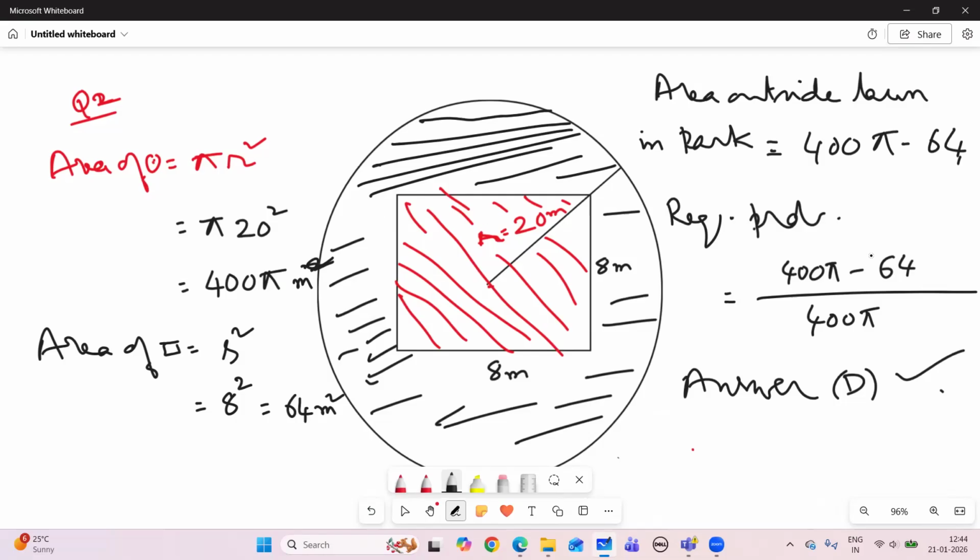So the number of favorable events becomes the area of the region where he wants to grow the plant, divided by the number of events in the sample space, which is the total area of the park, that is the area of the circle, 400 pi. Thus, the answer is D. Right?